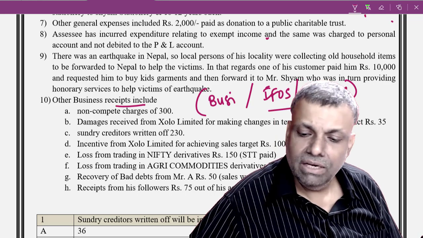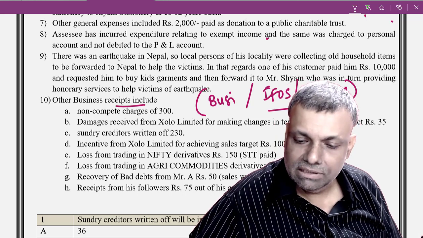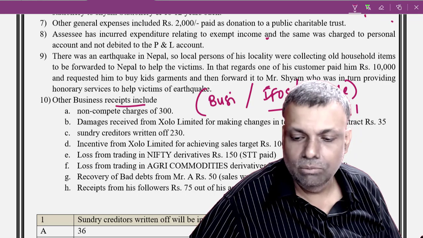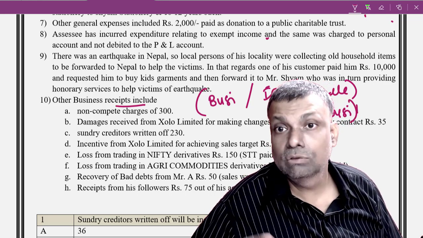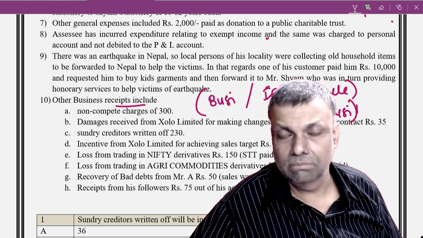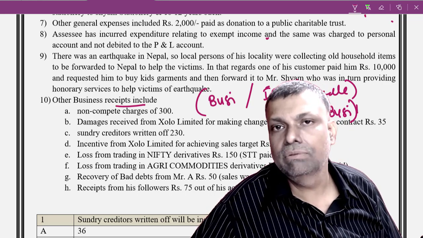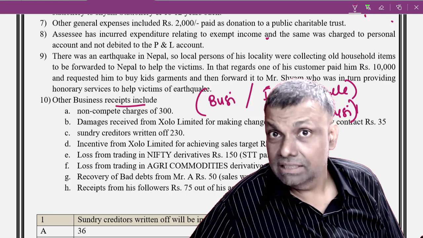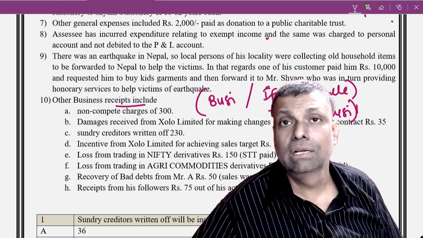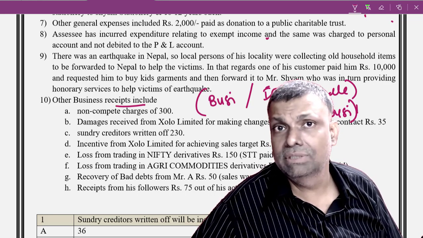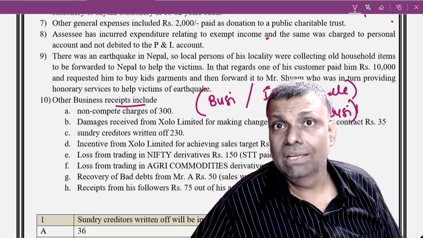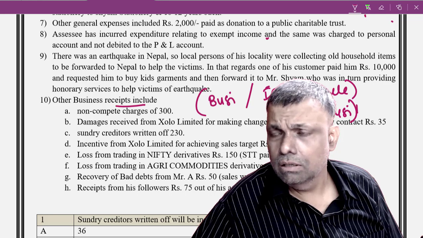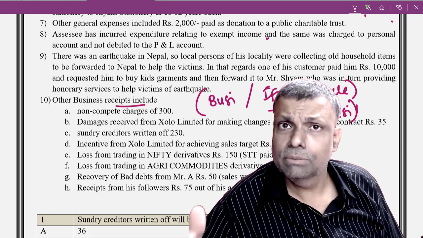Secondly, friends, if it is a speculative business, okay, and if there is any loss from a speculative business, then you have to separate it from business income. That means inside a business we have to maintain, if there is any loss, speculative business, okay, because that carry forward and set off which I already taught you at the lower level, that particular figure is, what should I say, speculative loss.